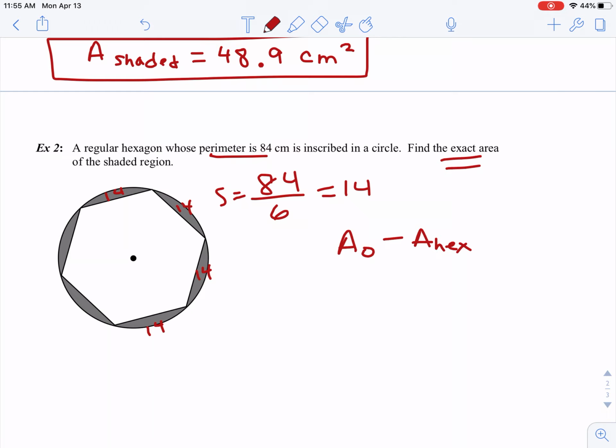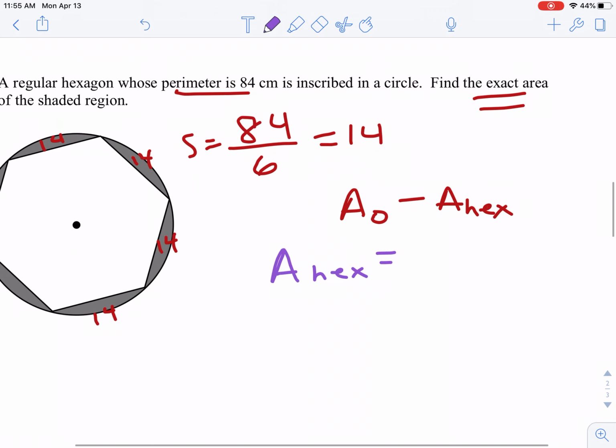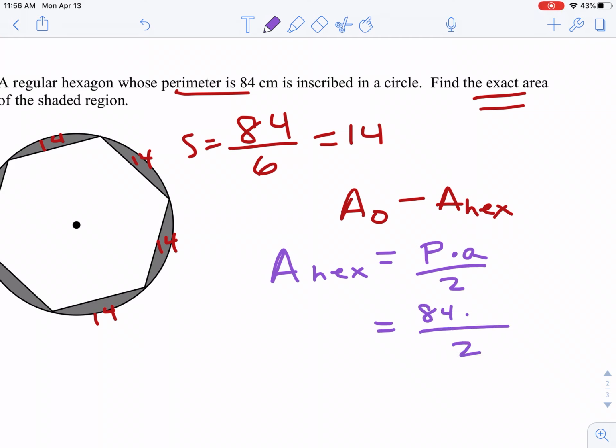And I need to find the area of the hexagon as well. So I need some information. Let's start with the area of a hexagon. That's going to be perimeter times apothem over 2. We actually already know perimeter is 84, right? We were given that. So the only thing left we need to find is this apothem right here.